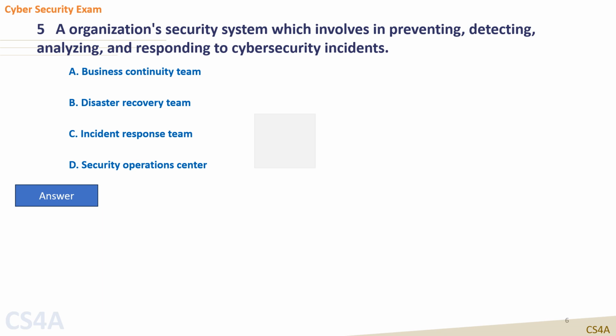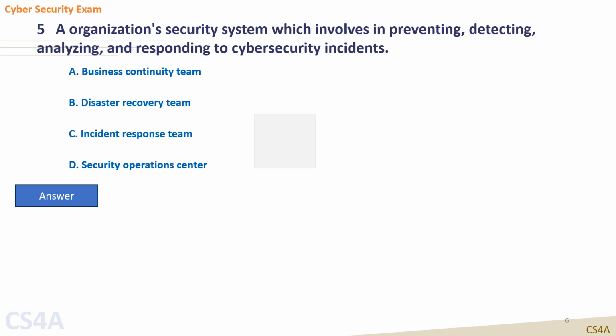So here the question is, an organization's security system which is involved in preventing, detecting, analyzing and responding to cybersecurity incidents. So here the options are business continuity team. That is not the correct one, because the business continuity team is involved in sustaining the critical business operations. That is not related to incident responding. And disaster recovery team also is not the correct one. That involves restoring the IT and communication systems to normal and full working mode.